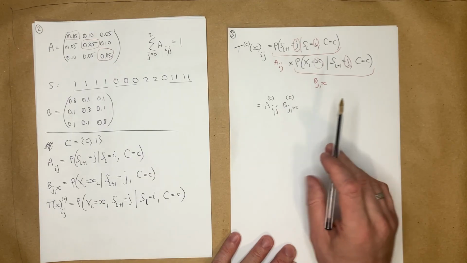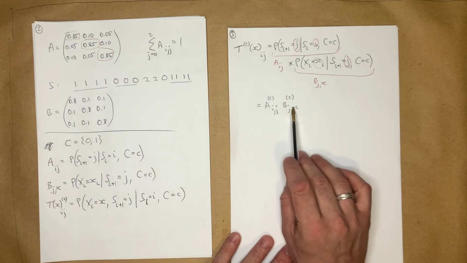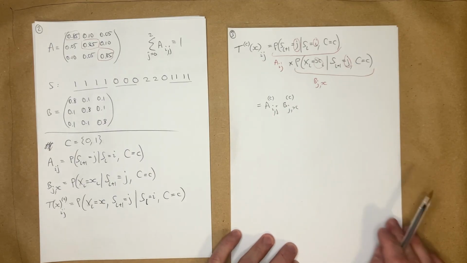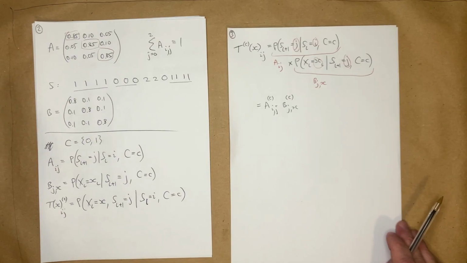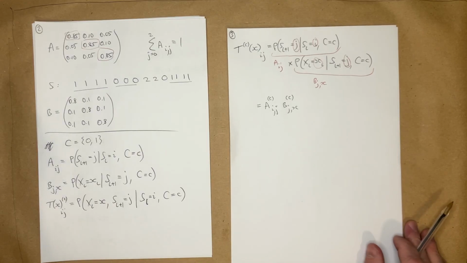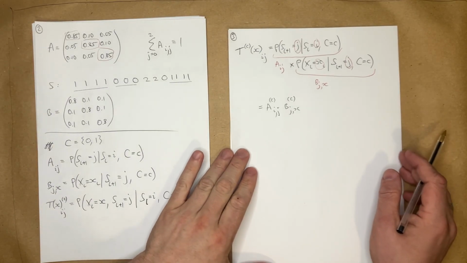It's just a direct element-wise product where every element of A at position ij gets multiplied by the corresponding position in the matrix B at position ij. And now let me see if I can remember the next step. Yeah, it's escaped me, but I'll try and remember it.